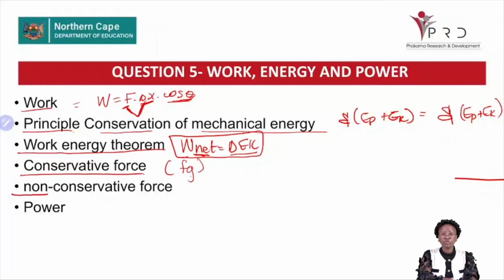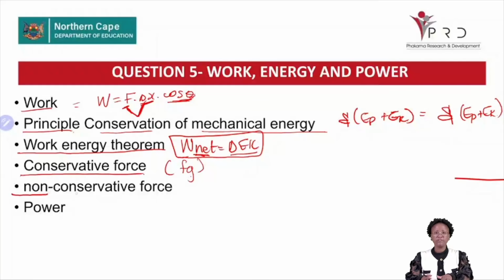The next thing that you need to know is to define the non-conservative force. It is the same definition as the conservative force. The only difference is that you are going to substitute the word independent with dependent. So the definition will still be a force of which the work done in moving the object between 2 points depends on the path taken.